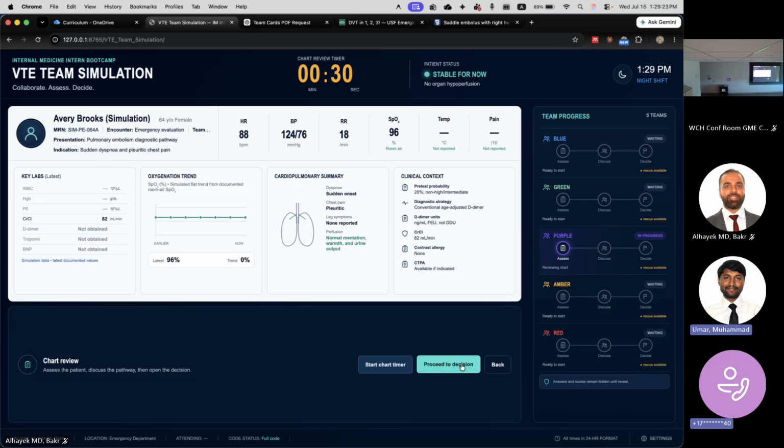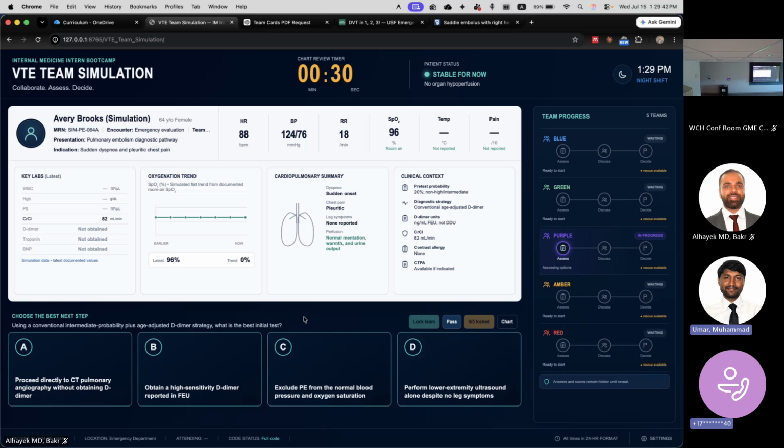There are no real labs. Your pretest probability is around 20%, so it's intermediate to low. You don't really have a D-dimer, and your creatinine clearance is 82.